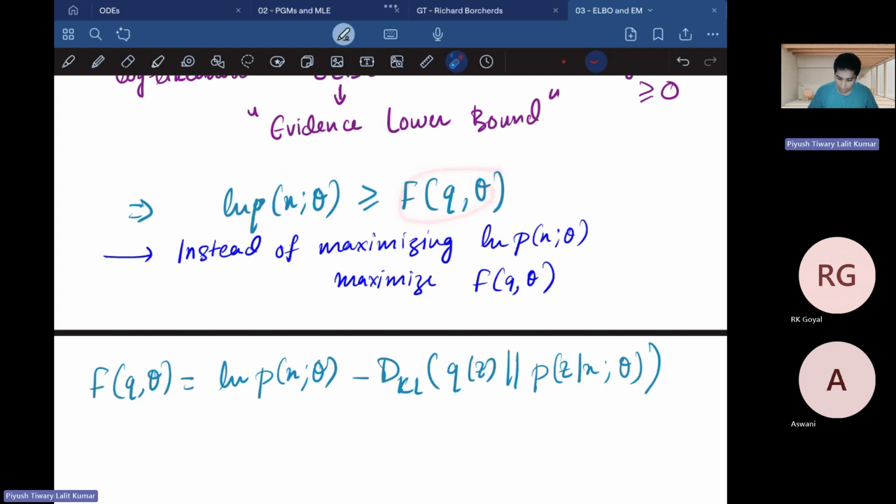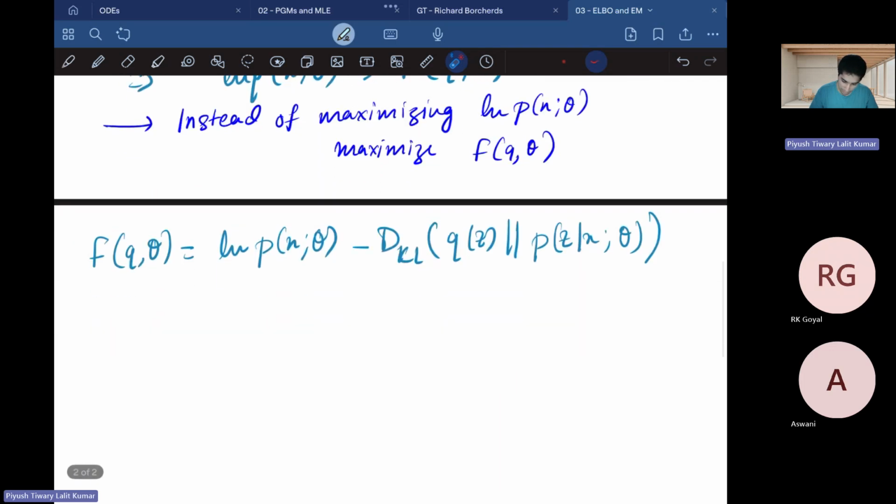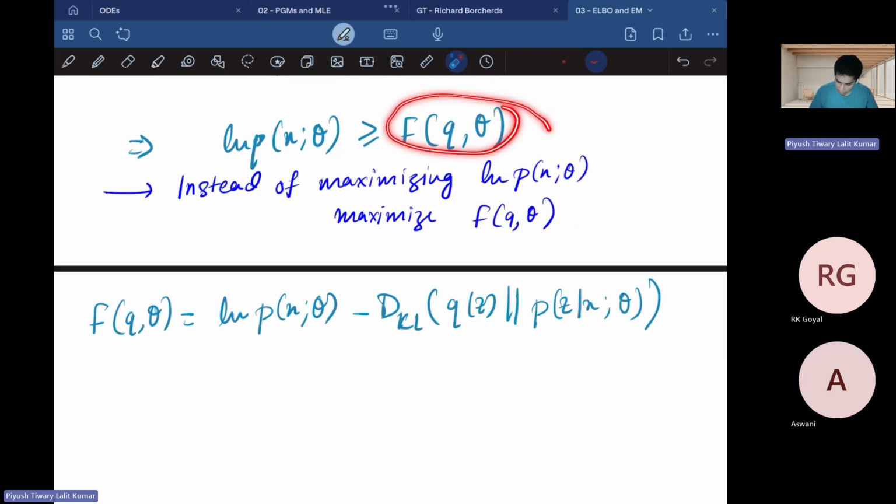Why can't we work with, for example, an upper bound, something bigger than the log likelihood? Well, there is a claim that if you maximize F, it will allow you to maximize this log p of x given theta as well.